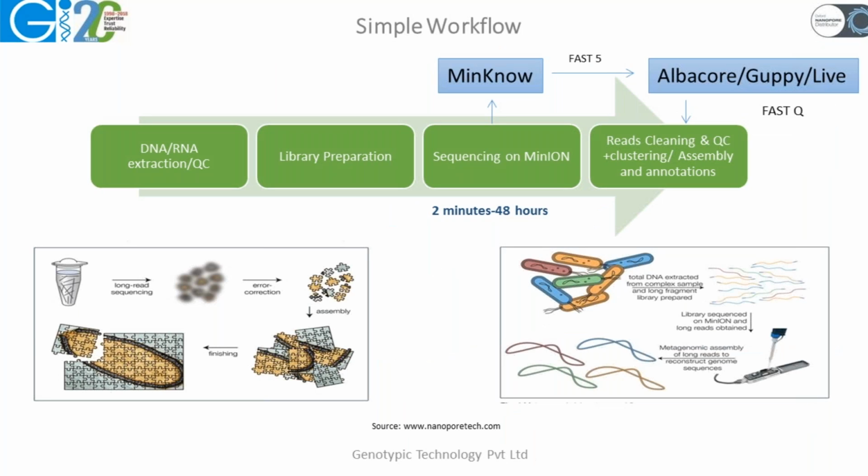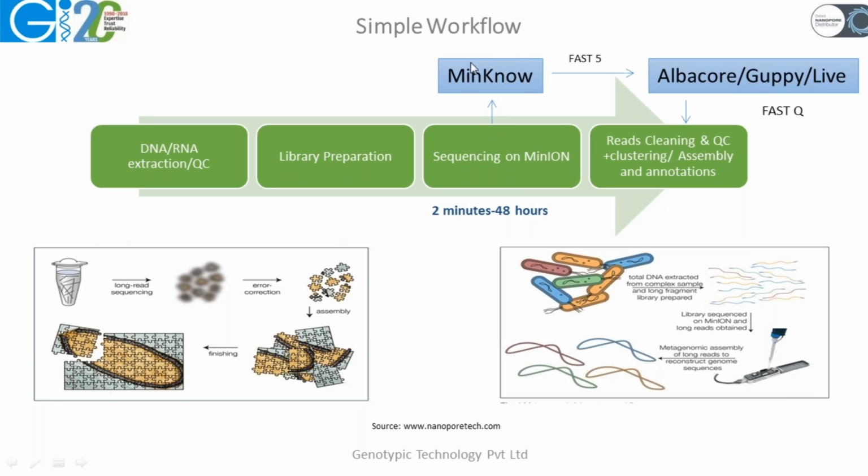Now, coming to the workflow, as I told you, it is a very simple workflow. Depending on your application, it requires between 10 minutes to 80 minutes to prepare the library. This briefly introduces you to the workflow. It begins with DNA or RNA extraction, followed by library preparation, and then loading onto the sequencer.